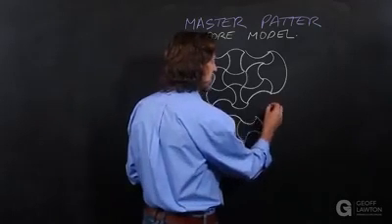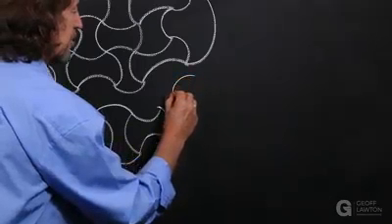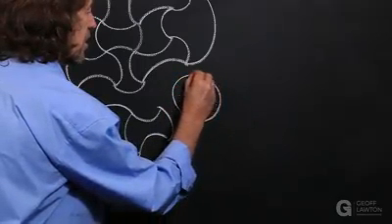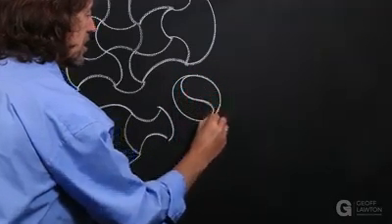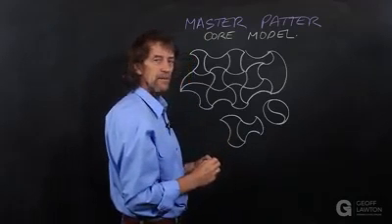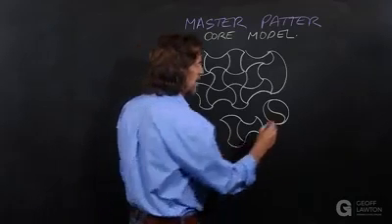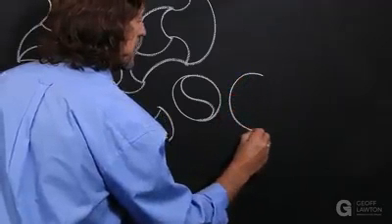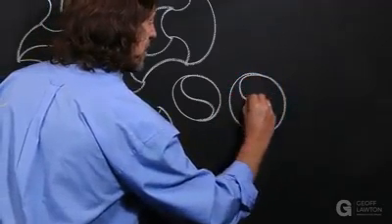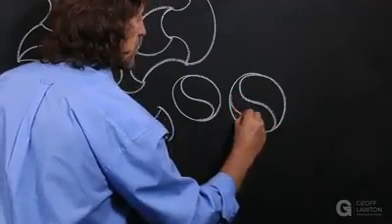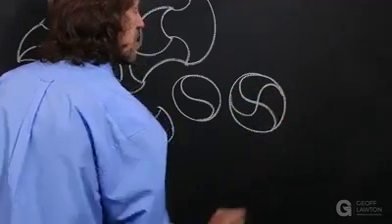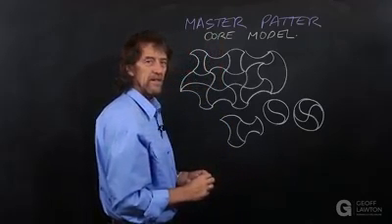But if you turn that sideways and have a look at that, you get one of these, a yin-yang pattern. And then if you overlay that with another one, you get one of these, which is a swastika pattern.